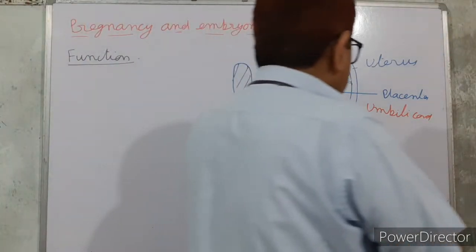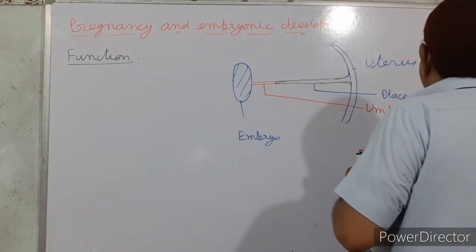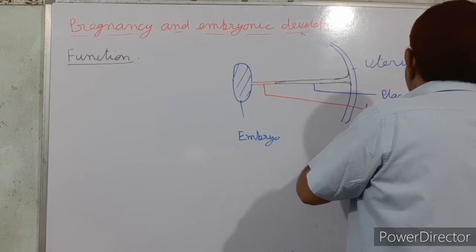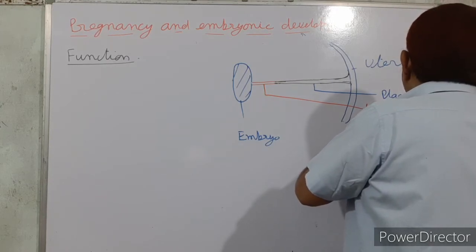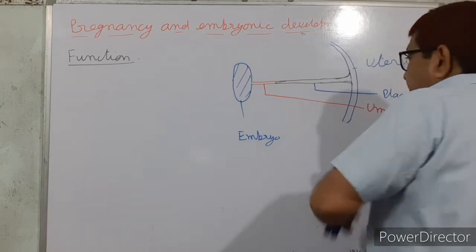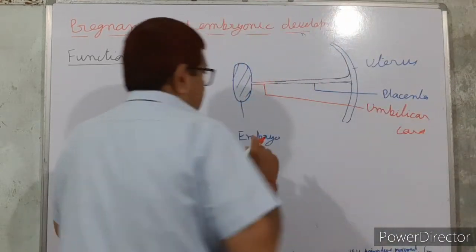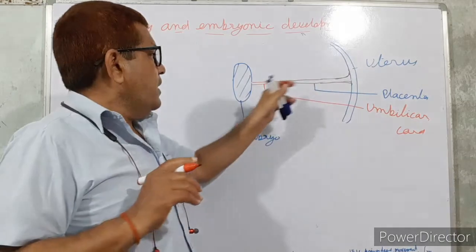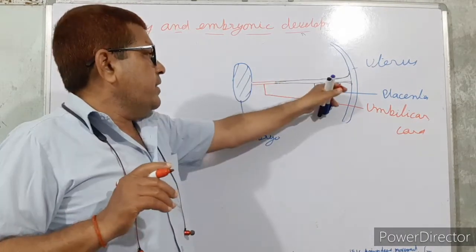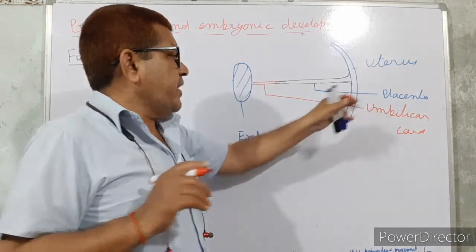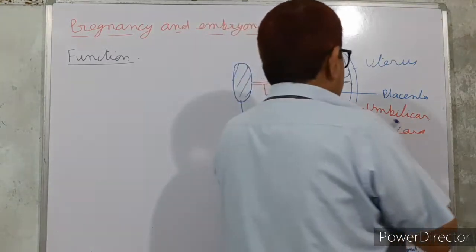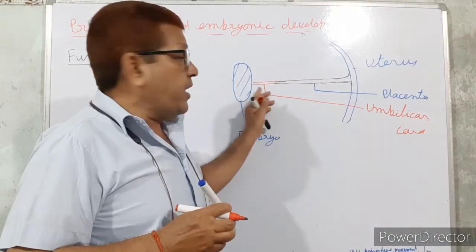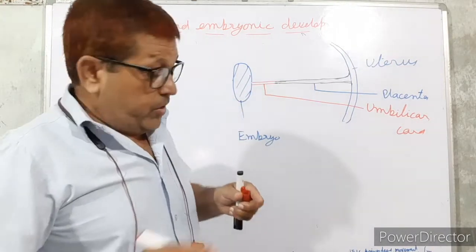This is the umbilical cord, and this is embryo. That is uterus, wall of uterus, and this is embryo, and this is placenta. This structure is placenta, and this structure is umbilical cord, and this is embryo.